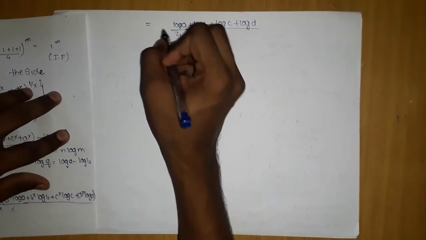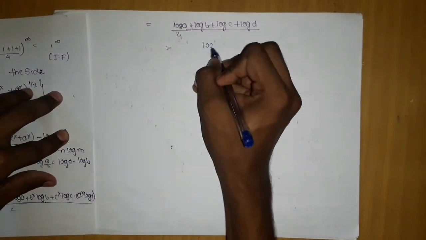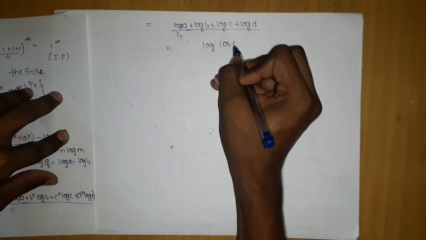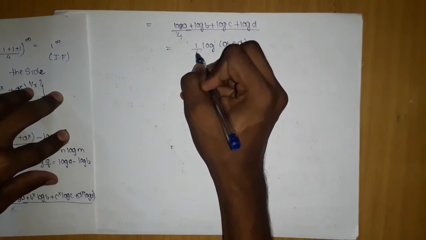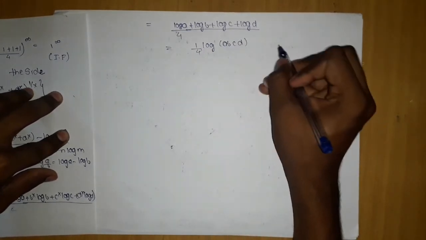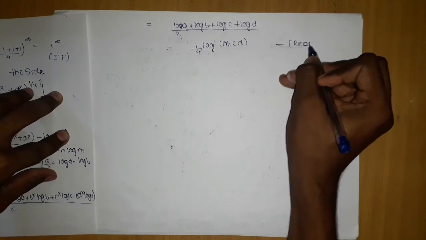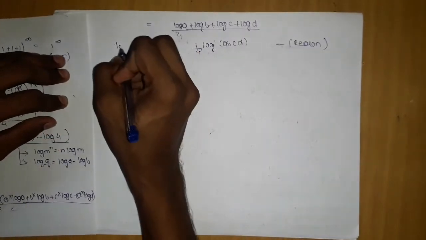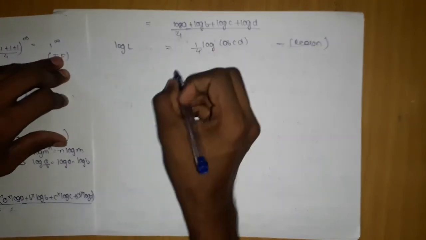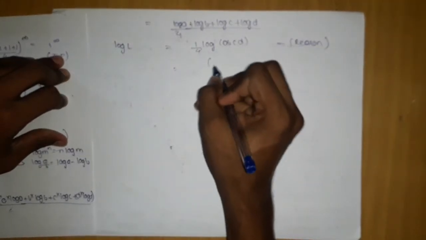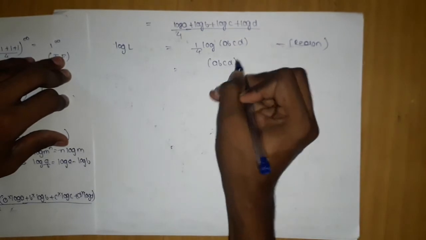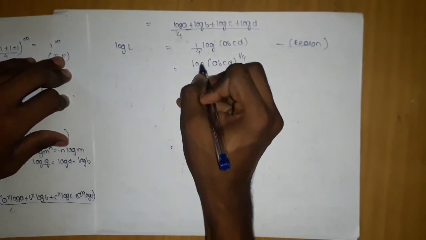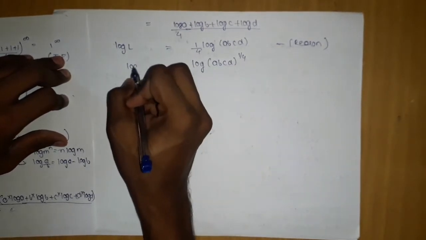After this, if we simplify it using the logarithm property, you will get (abcd) to the power 1 by 4. You have to mention the reason also. Here you have to mention the reason, and remember it is equal to log L. Don't forget this. We will move this power here. We will get log of (abcd) the whole power 1 by 4. Here it will be log. Here it is also log.